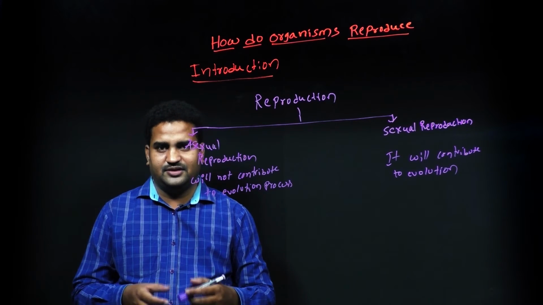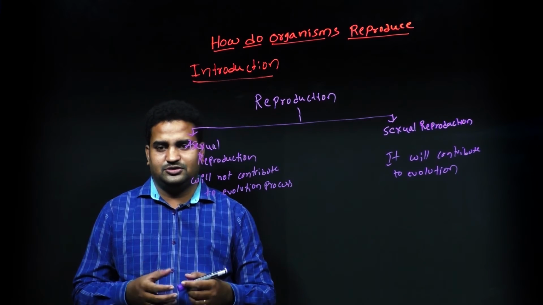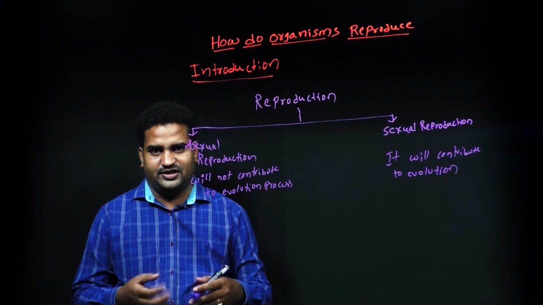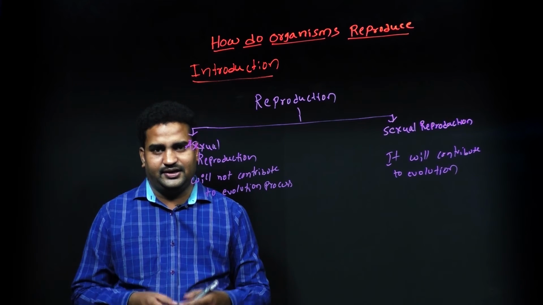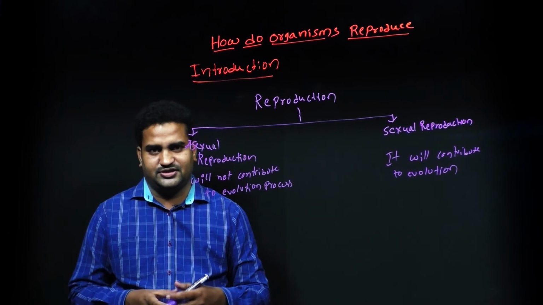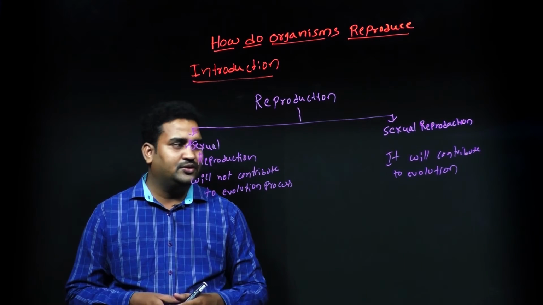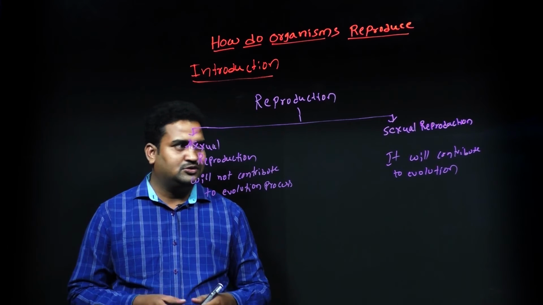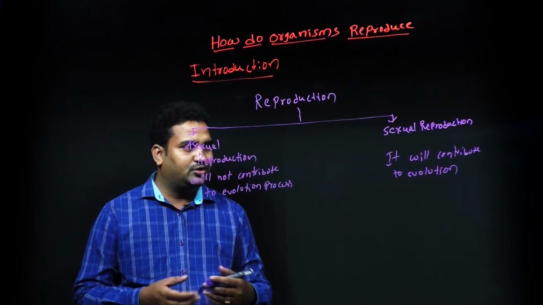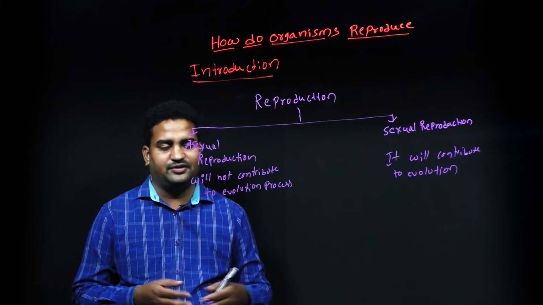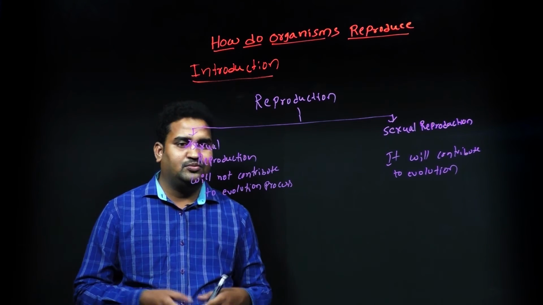Evolution occurs because of variation. Since two different types of genes are always flowing in sexual reproduction, that can create different combinations. These different combinations sometimes lead to evolution and creation of new species. So sexual reproduction produces variations, and these variations are important for the evolution process.